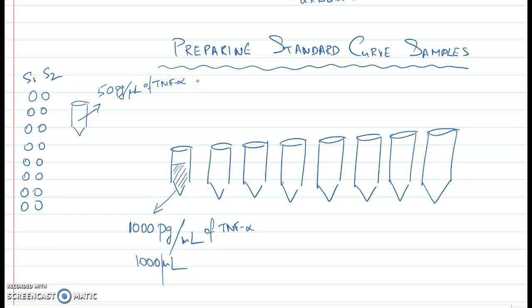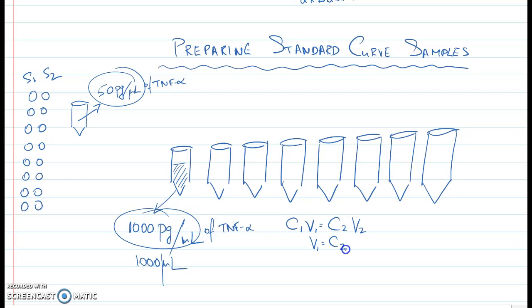So somehow I need to transition from this one to this one. Right? What do you think we're going to use? We're going to use the magic dilution formula, and we're going to solve for V1.